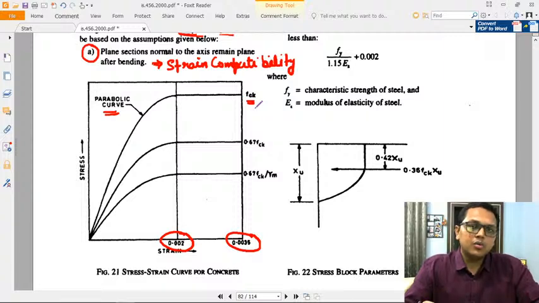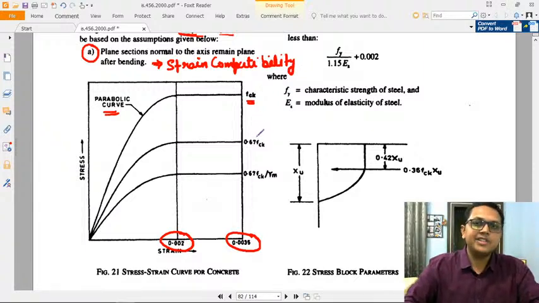there are two. First of all, while designing, the strength of the concrete is taken as only 0.67 times FCK.